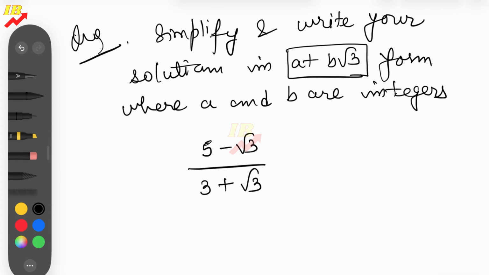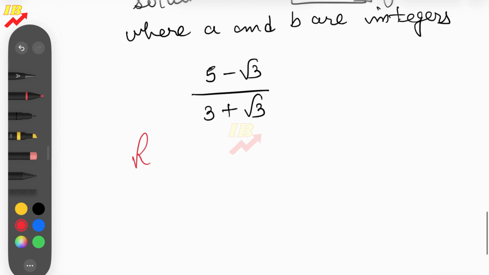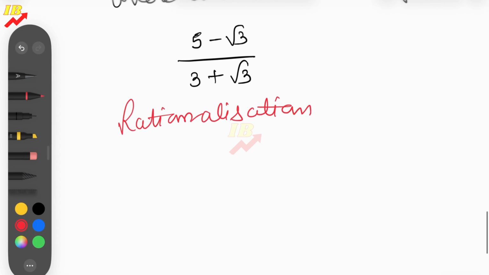That means you have to eliminate the square root from the denominator. And for eliminating that square root from the denominator, you only have one option, that is called rationalization. So, what is the meaning of rationalization? I think we have not covered that topic yet, so that's why I'm taking it here.